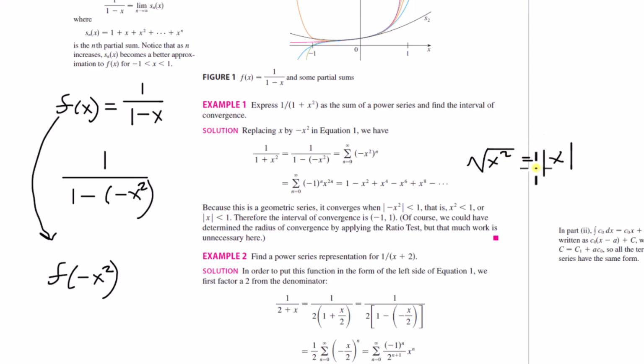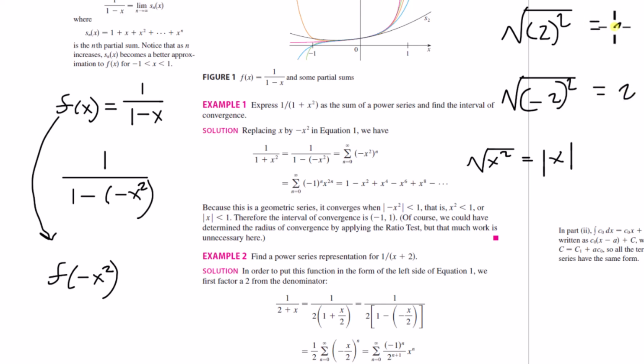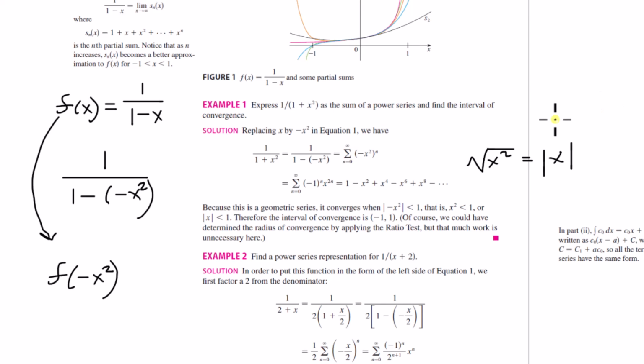Because minus 2 squared and 2 squared are both equal to 4, so the square root of both is equal to 2. This is not equal to minus 2. So you have to take the absolute value. This can't be equal to a negative number in any situation. So, okay, the interval of convergence is -1 to 1.